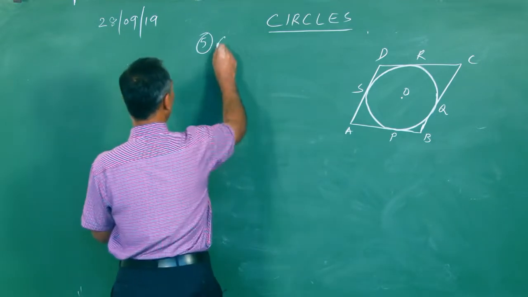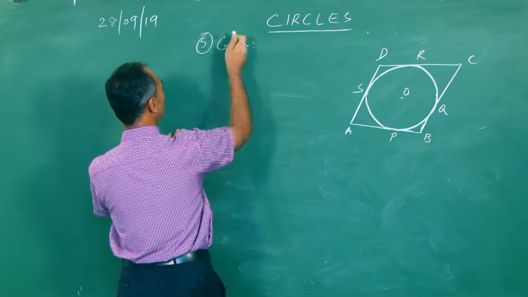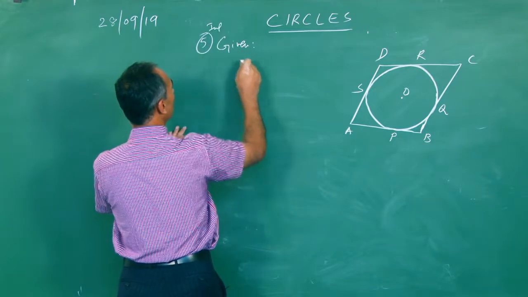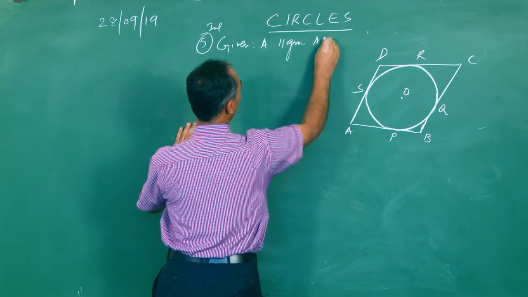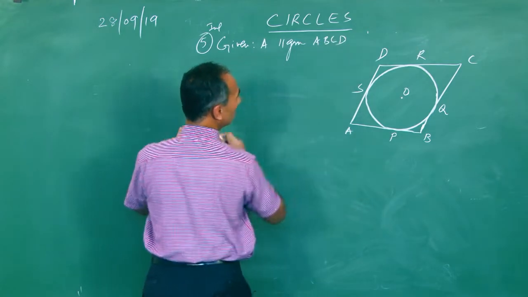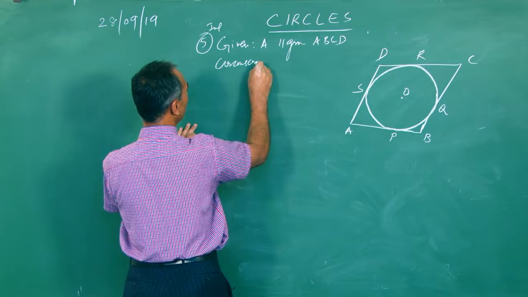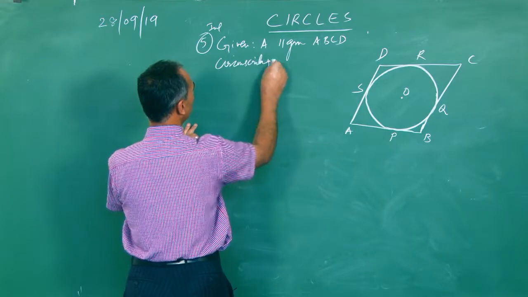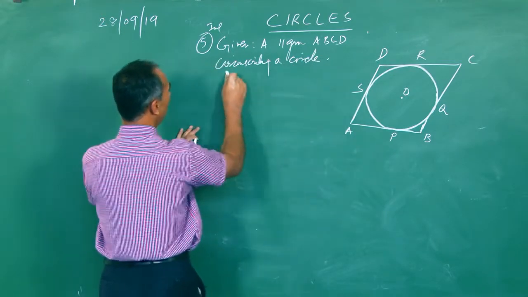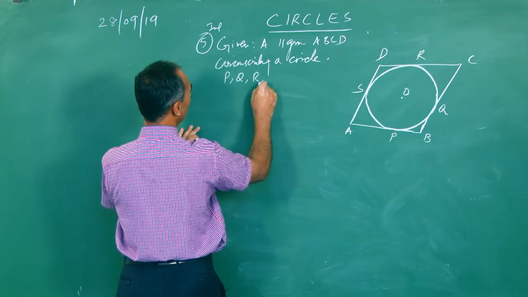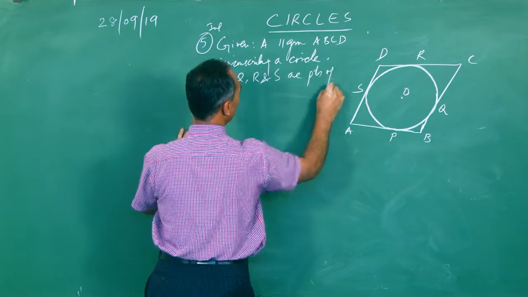So given, again worth 3 marks. Important, I should label it. Given a parallelogram ABCD circumscribing a circle, so PQRS are the points of contact.